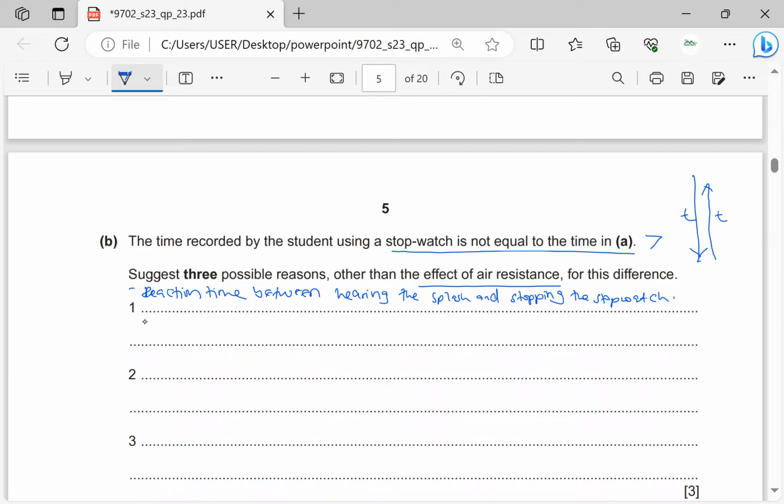Number 2, I will list them, and I will not follow the lines given here. It is impossible to release an object without adding some force. So it means the object may have been given some initial velocity.